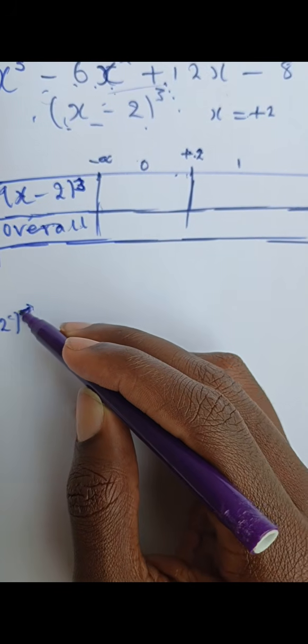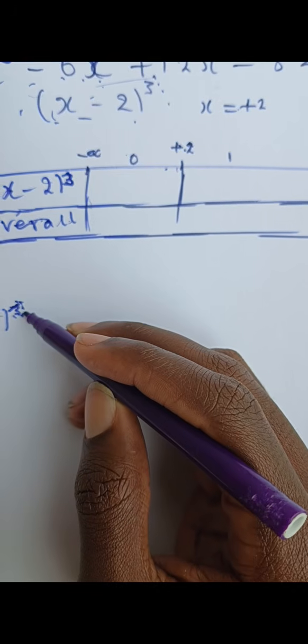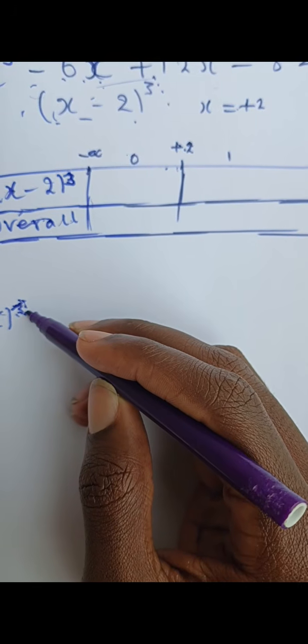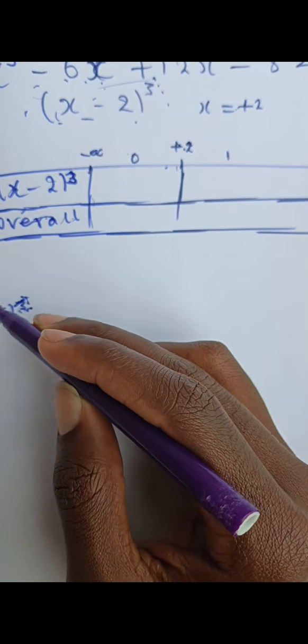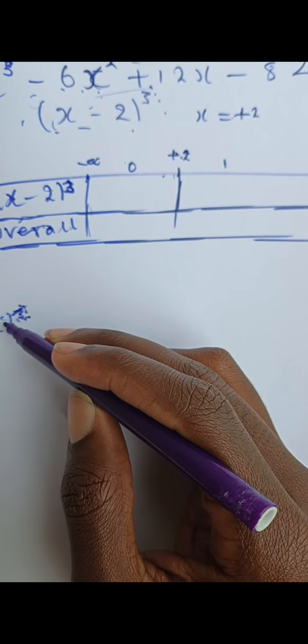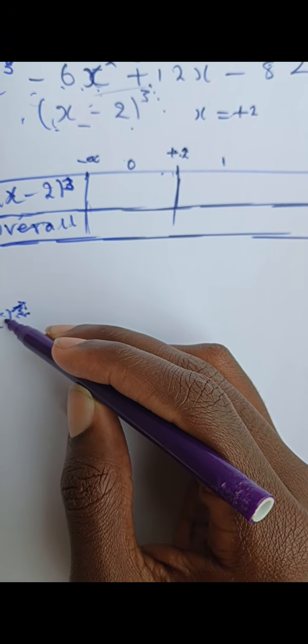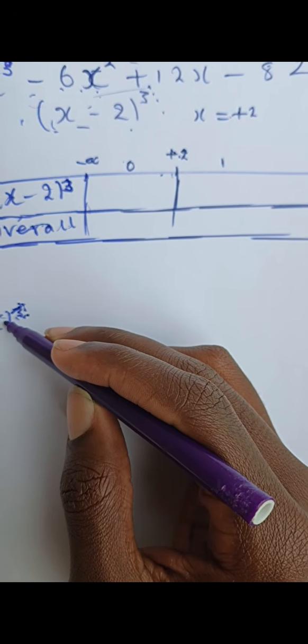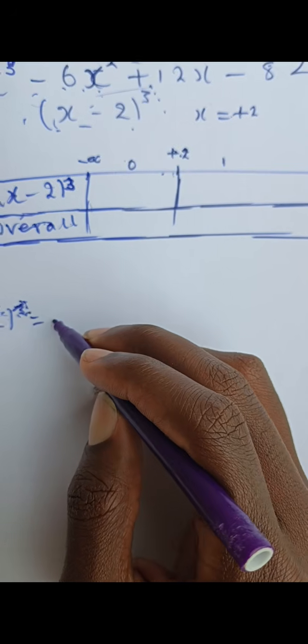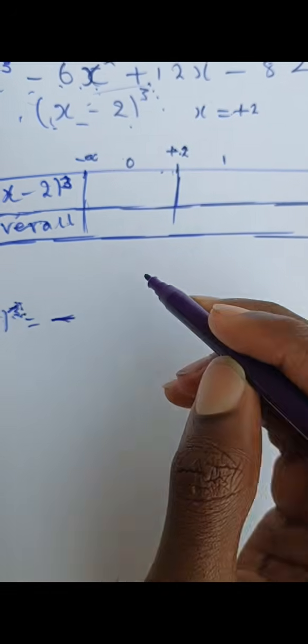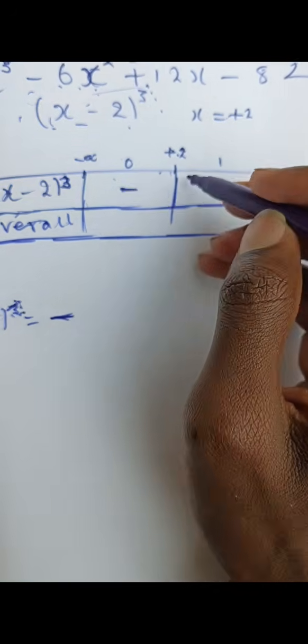As long as the exponent that you are having is not divisible by 2, or it is not even, the value is always negative. But if it was divisible by 2, or if it was even, it would have been positive. So the value we are going to get will be a negative value. So I'll put negative here.